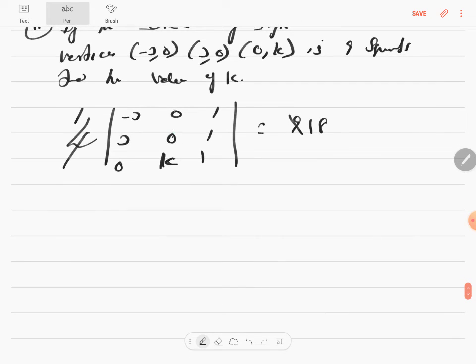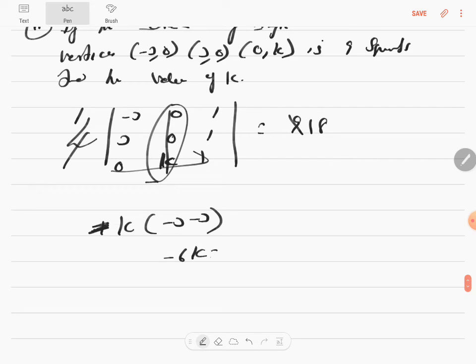You can expand along this, so it's negative k into minus 3, which is minus 6k, equal to plus or minus 18, right? So k can be 3, or k can be minus 3. K can be plus or minus 3. So that's about this question.